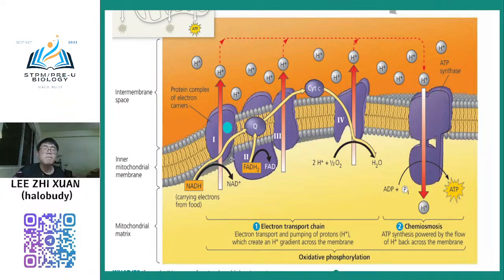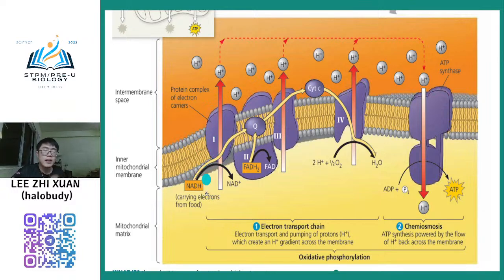So if you see here, in overall reaction, the NADH produced from the Krebs cycle, glycolysis and also the link reaction will directly go toward protein complex 1.